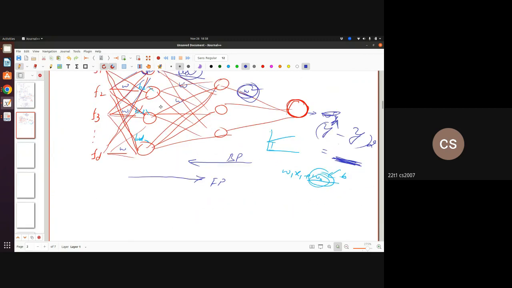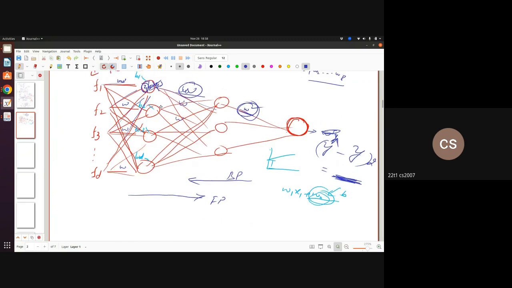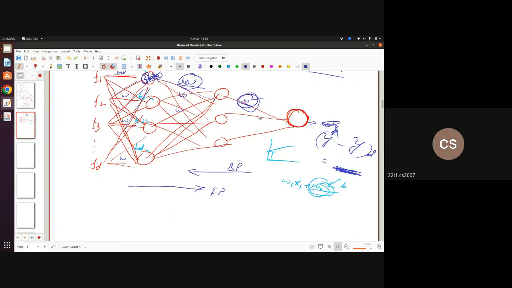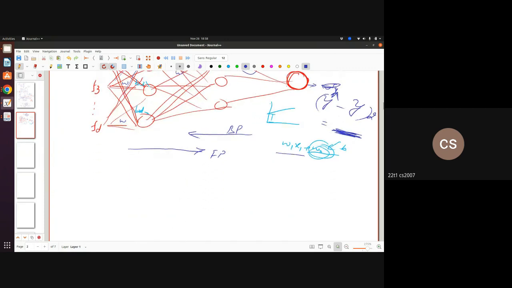So it basically becomes equivalent to linear regression, right? There's no transformation of the values that is happening. It's just different weights being multiplied with different feature values, W1x1 plus W2x2 up to WDXD. This is what we do in linear regression. So here also a similar thing is happening.